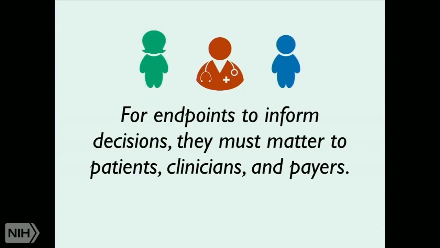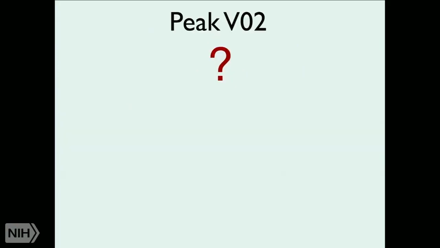But for endpoints to really matter, to have endpoints that will inform decisions, they've got to be endpoints that are relevant to the stakeholders here, chiefly patients, clinicians, and payers. And there are probably even more stakeholders, but those are sort of the big three. And it's not always the case that some of those endpoints that we use to measure the exact effect on the body translate well into day-to-day functioning.